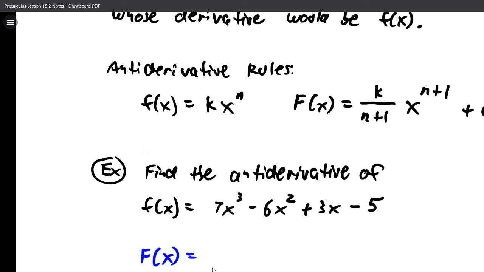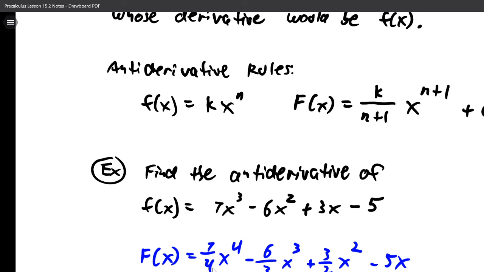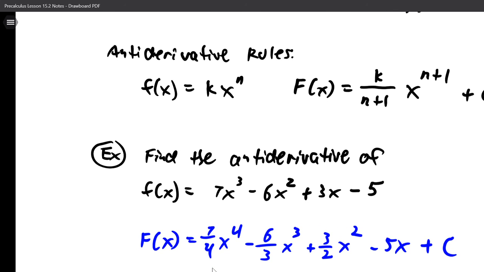Okay, well, we do 7 over 3 plus 1, so 7 fourths x to the 4th minus 6 thirds x cubed plus 3 halves x squared minus 5x, 5 over 1 x to the 1st, plus c. Because what that plus c means is we're saying we don't know, our original function could have had some constant.